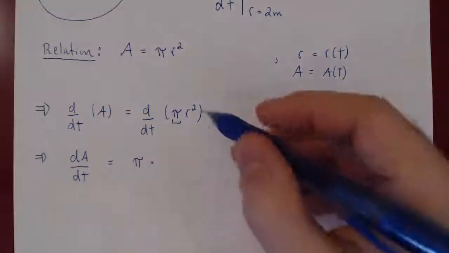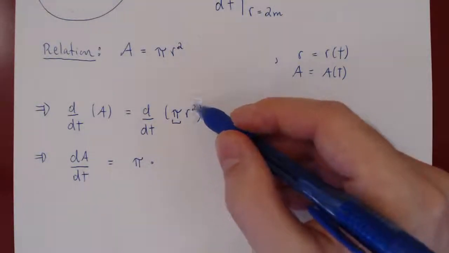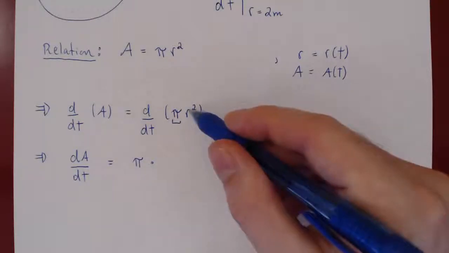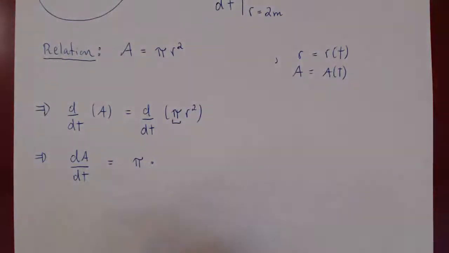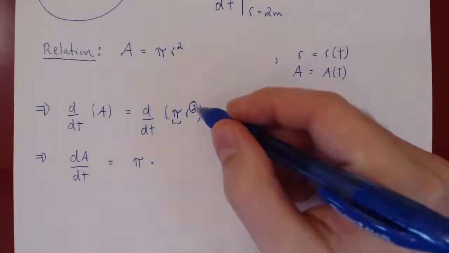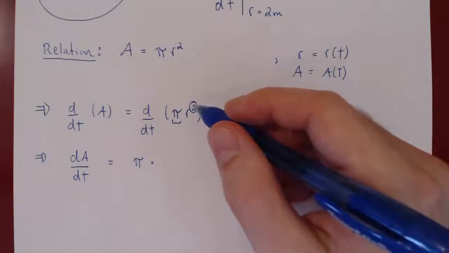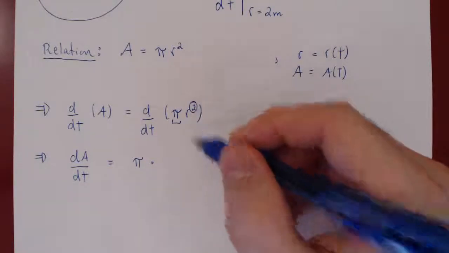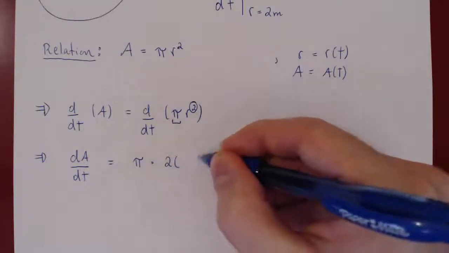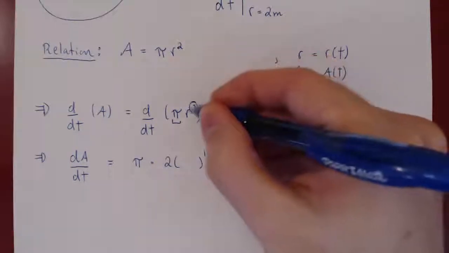And here's where you have to be careful, because we differentiate r squared with respect to t. But r is a function of t, so you have to be careful here by applying the chain rule completely. It is r squared. The outside function is the power 2. By the chain rule, we differentiate the outside function. By the power rule, we bring 2 down. 2 minus 1 is 1.